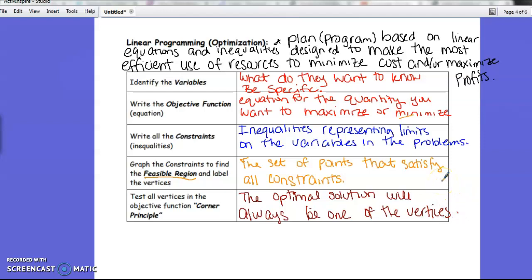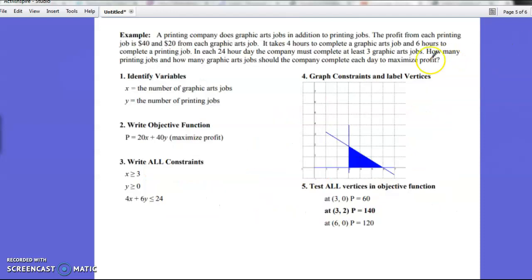All right, so we can pause the video here if we want to spend a little more time copying those. Otherwise, we're going to move on. For this example, everything's pretty much worked out, so we're just going to talk through it. A printing company does graphic art jobs in addition to printing jobs.